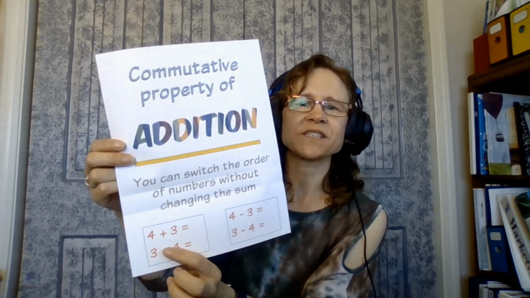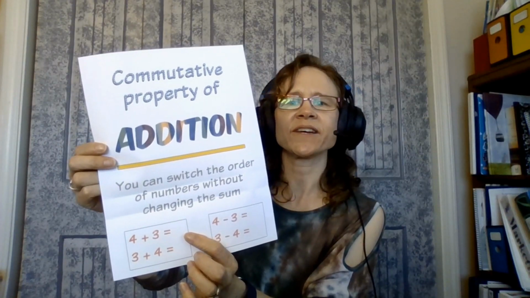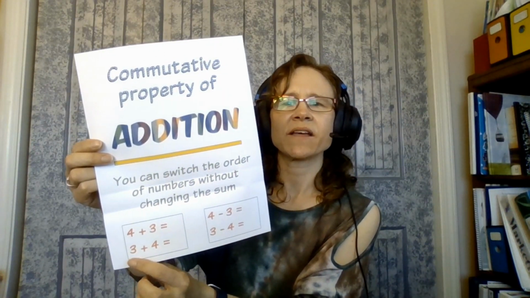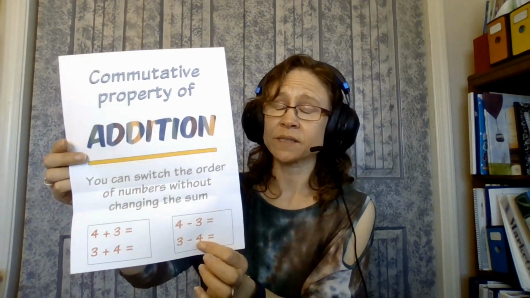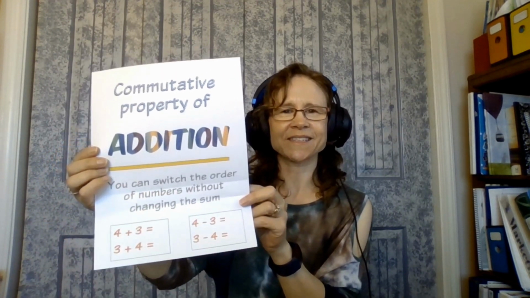So if you have 4 plus 3, which equals 7, you can switch those, and 3 plus 4 also equals 7. That doesn't work with subtraction, because 4 minus 3 would be 1, but 3 minus 4 would be negative 1. So it was just kind of fun. It made me want to make up a little special sheet on that and share it.